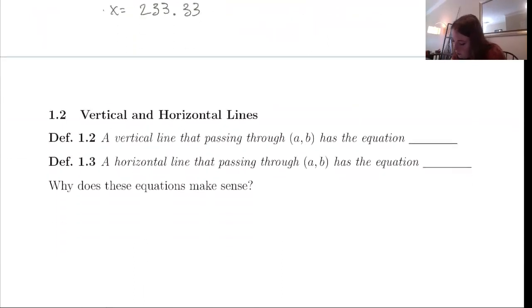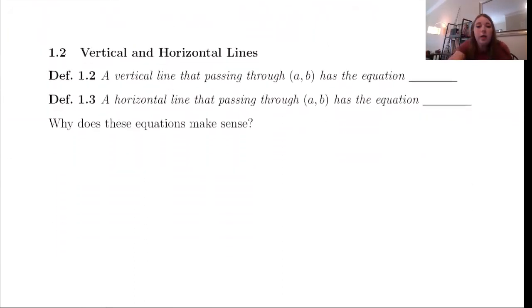So now we're going to move on to vertical and horizontal lines. If you're like me and don't know your left and rights very well, it's easy to mix up vertical and horizontal lines. Don't even talk about longitude and latitude, confusing.